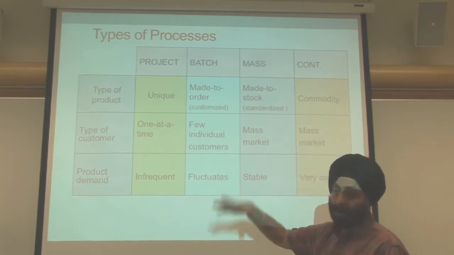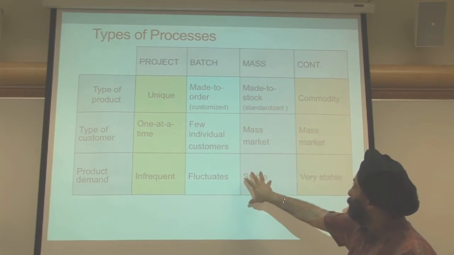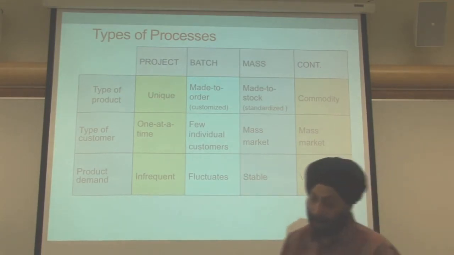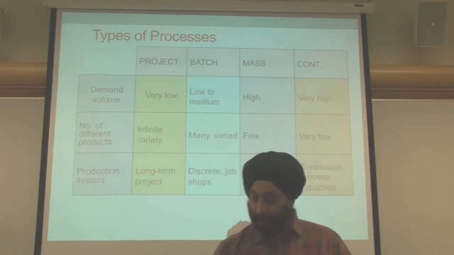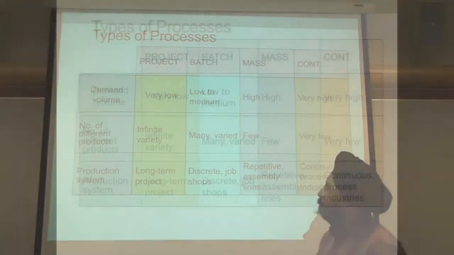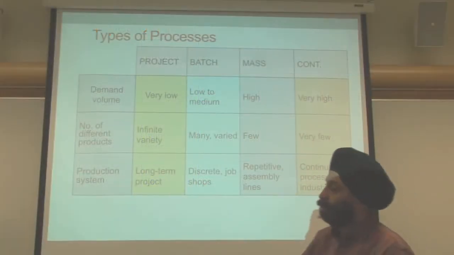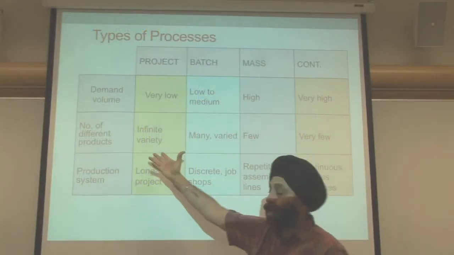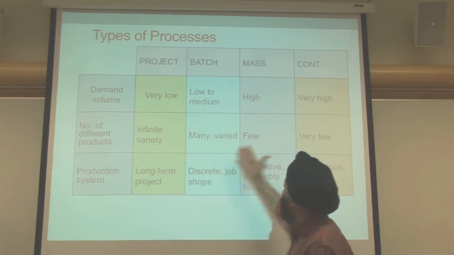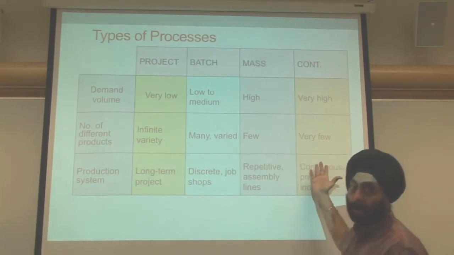Batch, it fluctuates, goes up and down, and this is stable and very stable for mass and continuous. In terms of demand volume, you can see volume is very low to very high, going from a project to continuous. Number of different products, variety is extremely high over here, and goes to extremely low all the way to continuous.